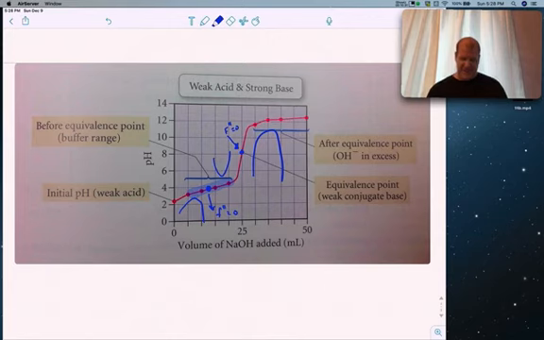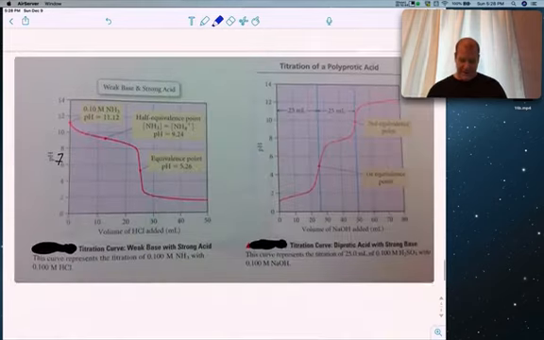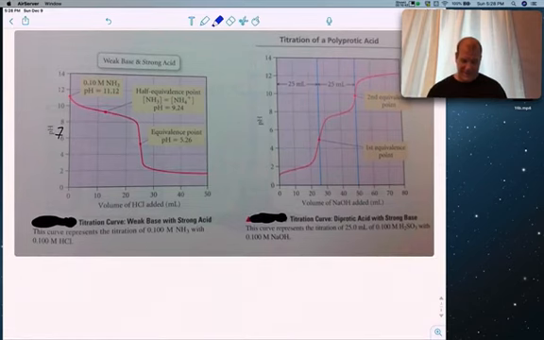And since this is a weak acid and a strong base, the salt with the neutralization of it is going to be above pH 7. So that's up there. And then over here, here's the opposite. Here's a weak base and a strong acid. And you can see here there's still this part where there's a concavity change.